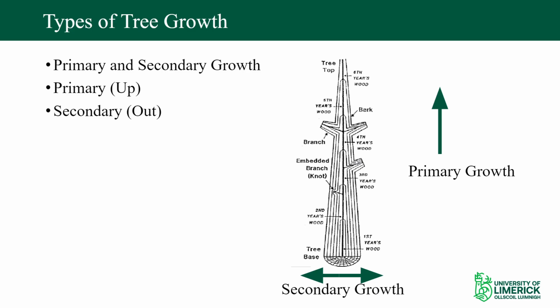That is more to do with the secondary growth that's also occurring. So there is a diameter increase here, but the original height of the first knot, or the first branch, is still more or less the same. It hasn't gained any huge amount of primary growth in regards to its location on the trunk of the tree.